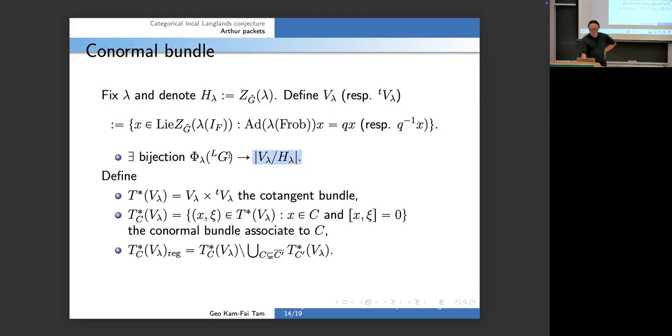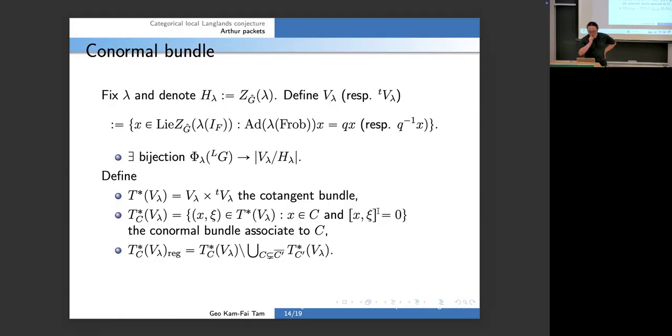So it corresponds to a Langlands parameter, I mean this C. Okay, so this conormal bundle consists of those tangent and cotangent pairs, where X is in C and X with this second piece has Lie bracket 0.